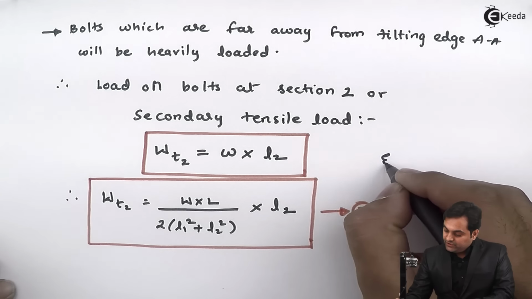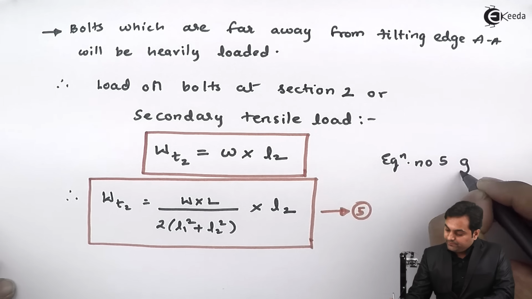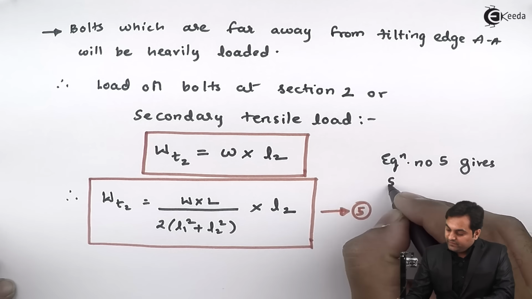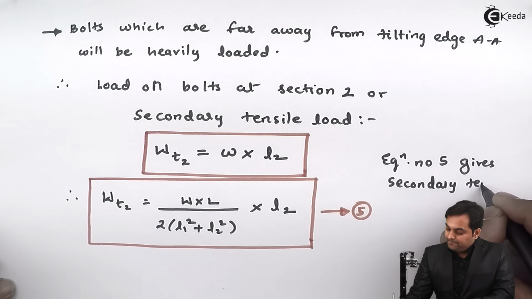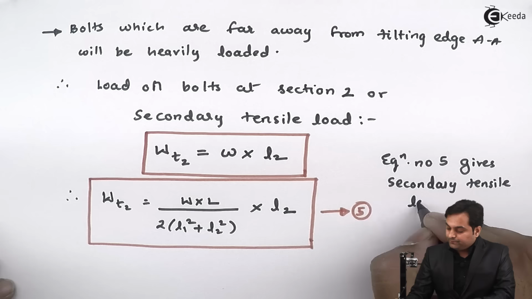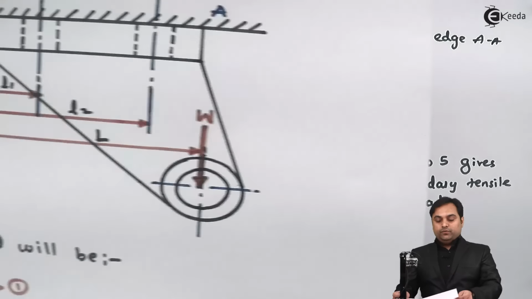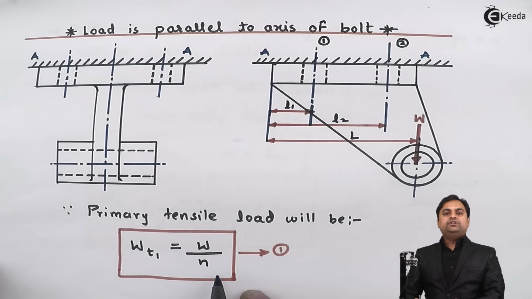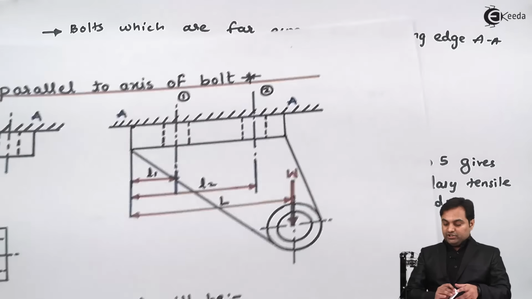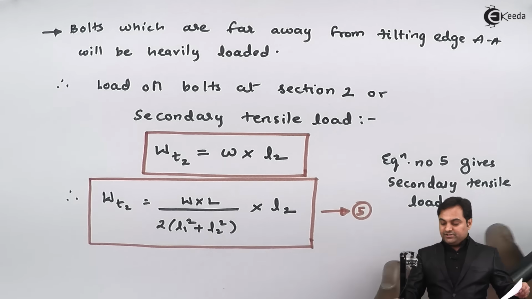So equation number 5 gives secondary tensile load. In equation number 1 we were having primary tensile load on each bolt. In equation number 5 we are getting secondary tensile load on each bolt at distance L2.